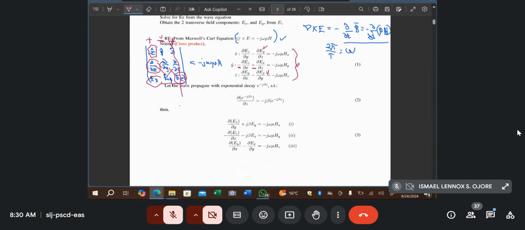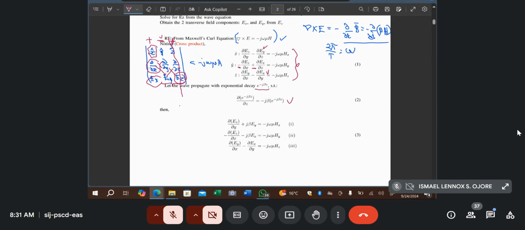So let the wave propagate with an exponential decay such that we have this value here. So you have e raised to negative j beta z. Beta there is the propagation constant. So if we get the derivative of that value in the z direction, then we'll have minus j beta times that same exponent.